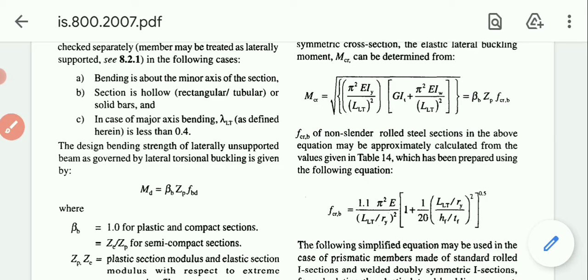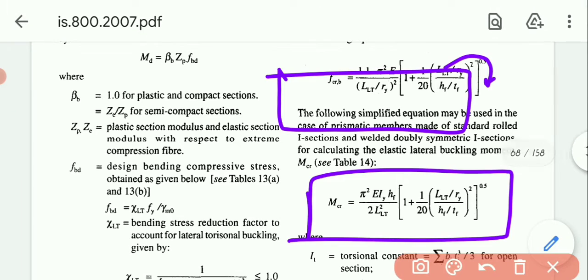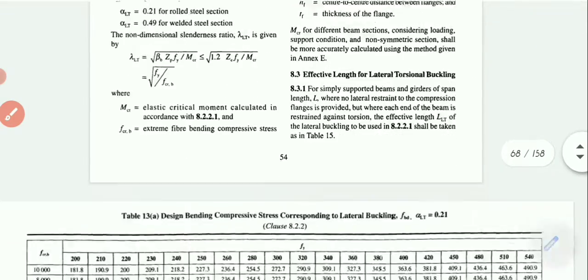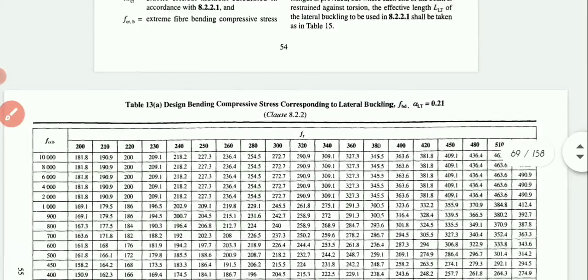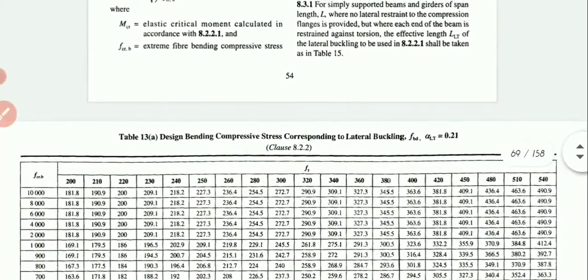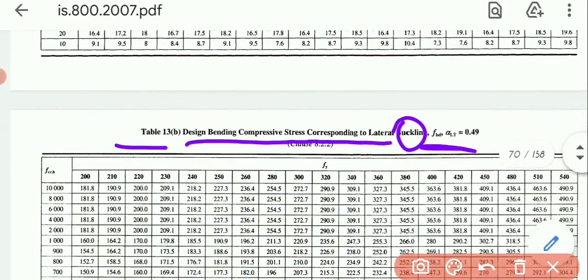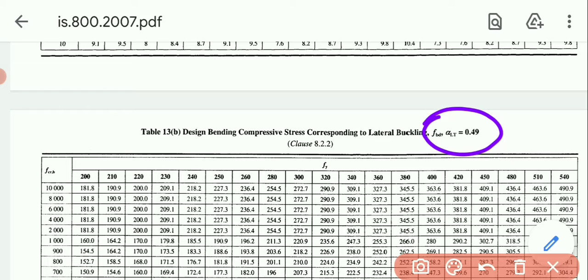So instead of using this long method, let's use the tables 13a and 13b. Table 13a is the design bending compressive stress corresponding to lateral buckling fbd for alpha_lt 0.21, and 13b is the same table for alpha_lt 0.49.